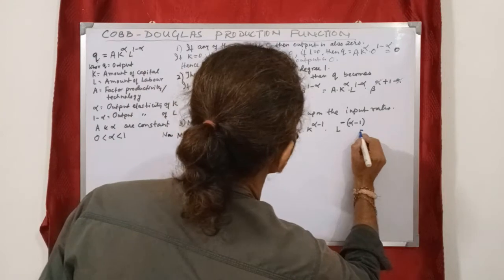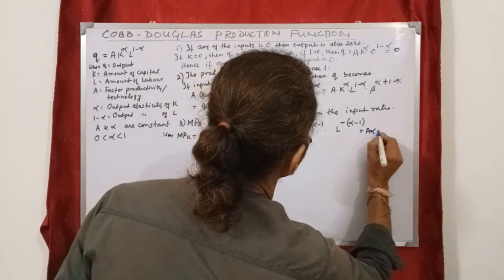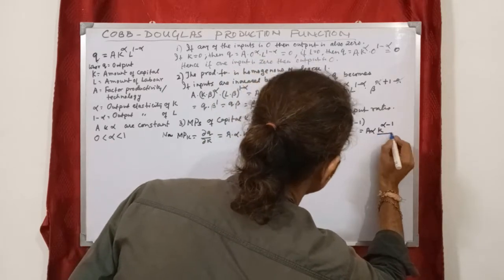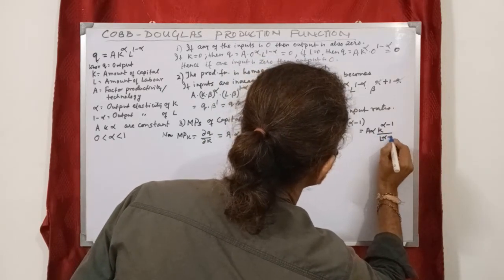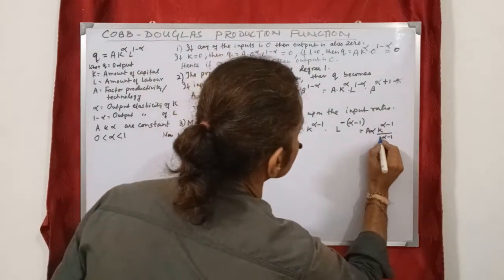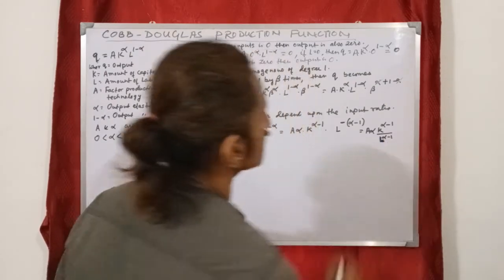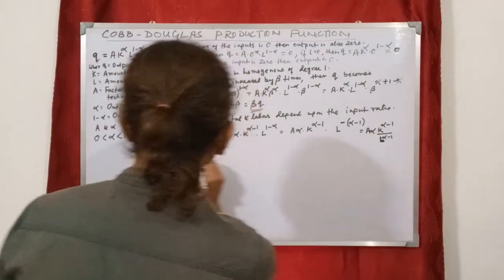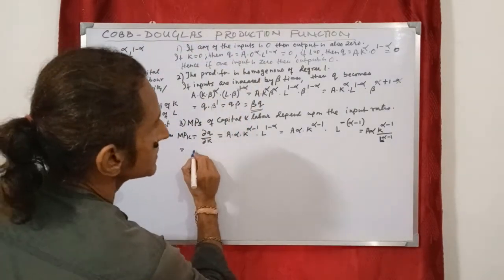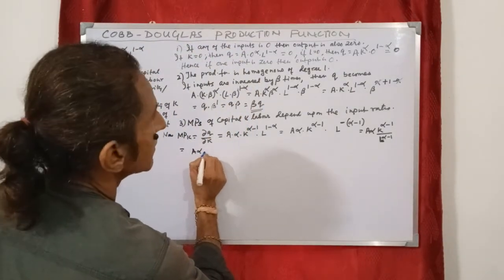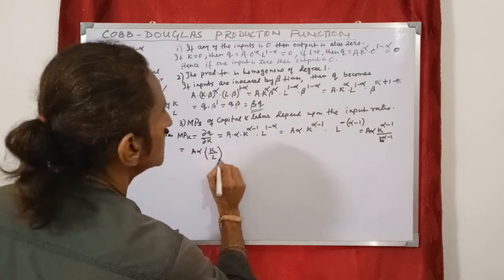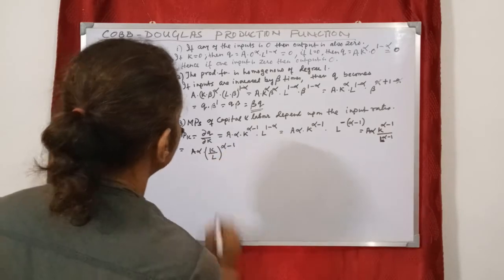So this is equal to A alpha K to the power alpha minus 1 divided by L to the power alpha minus 1. So this is equal to what? This is A alpha K by L to the power alpha minus 1.